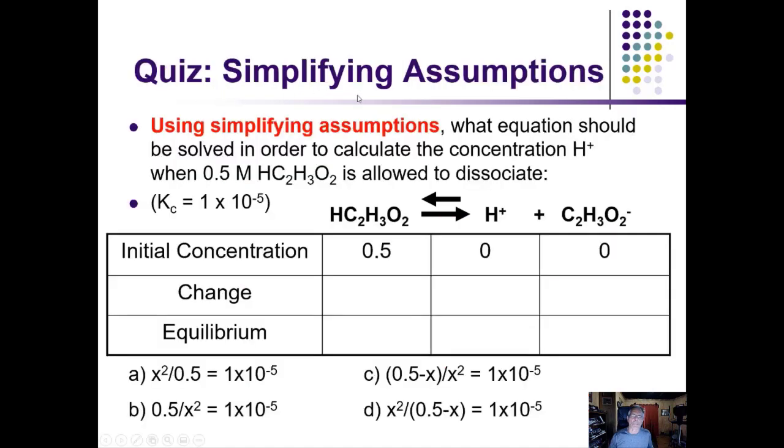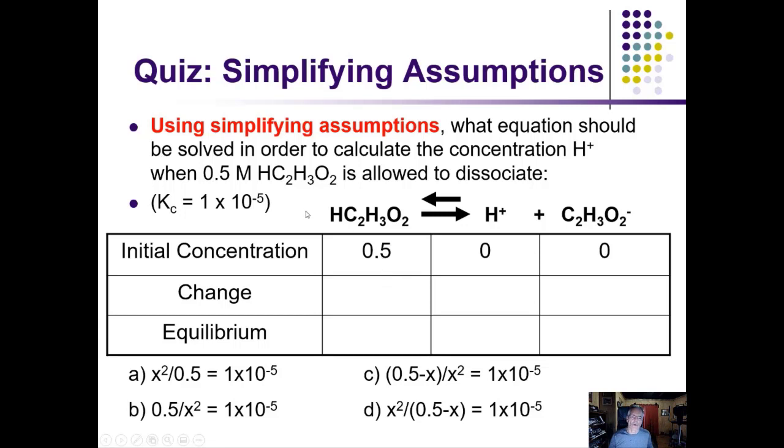So using simplifying assumptions, what equation should be solved in order to calculate the concentration of H plus when 0.5 molar acetic acid, this is a weak acid, we're going to be covering those extensively in the next chapter, is allowed to dissociate. Now we've got a relatively small K value, 10 to the minus 5. Let's compare it to our starting concentration. It's 0.5.